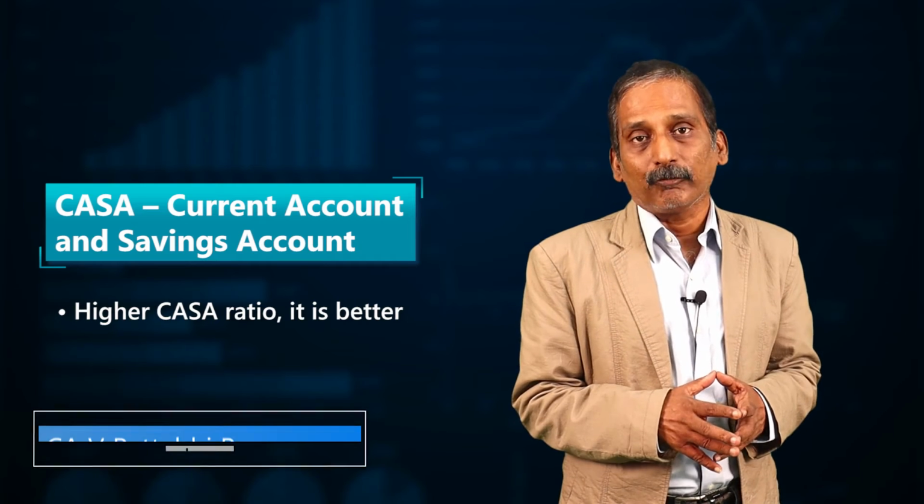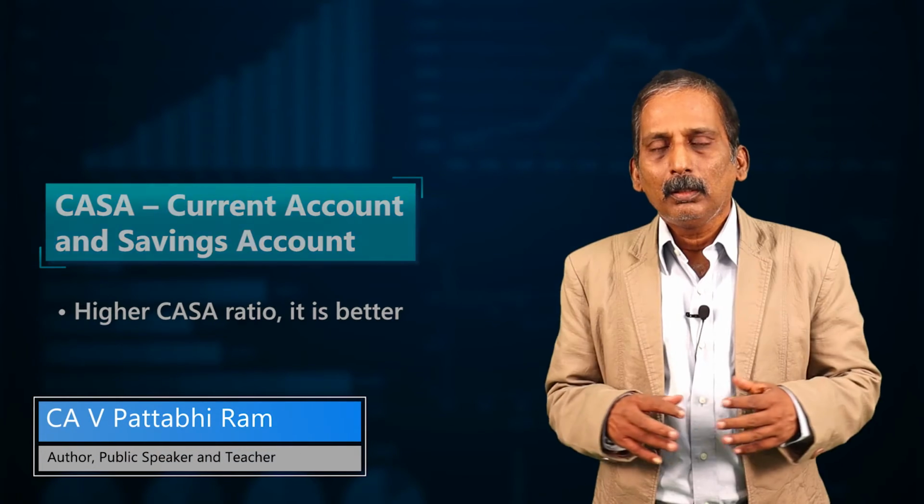So on the liability side of the balance sheet of a bank, if there is a significant amount of current account balance and savings account balance, it means that a significant portion of debt is coming from low cost sources. So the higher that ratio, the better it is. A low CASA ratio suggests that the bank has not been efficient in procuring money, and this will therefore increase its interest burden and will hence affect the net profit.